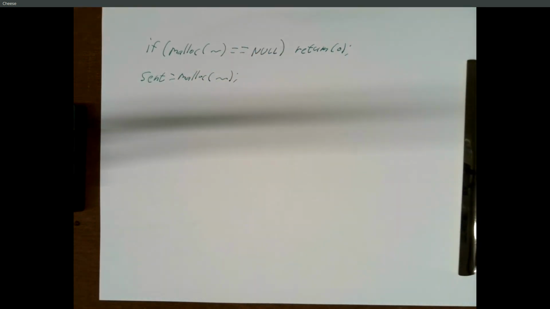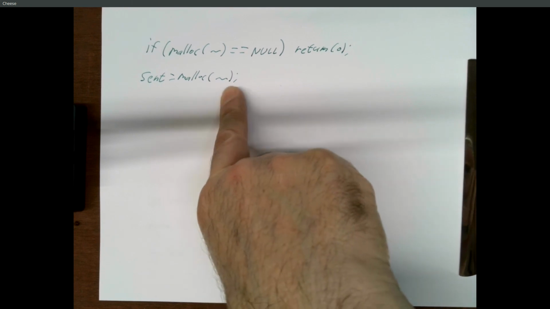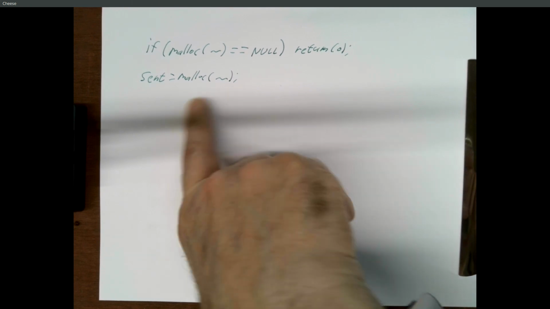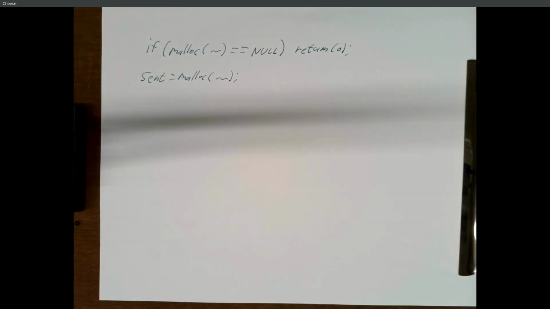All right, so first there was a statement which said, if malloc returns null, then we're out of memory, return a 0 from our add function, right? So if malloc returns null, return a 0. Otherwise, call malloc to get a sentinel node, right, set sentinel equal to that. Okay. This is a guaranteed memory leak, right?